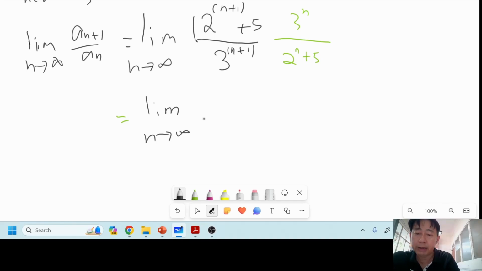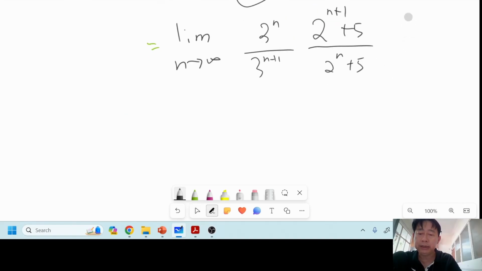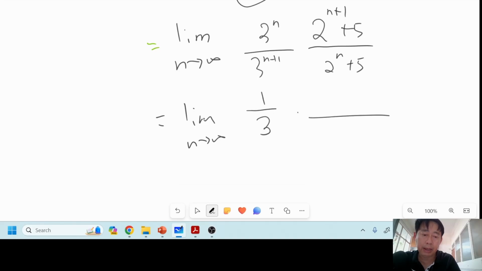In this case, I'm going to group the 3^n terms together. The other term is grouped as (2^(n+1) + 5) over (2^n + 5). The 3^n terms can be easily simplified and will be equal to 1 over 3. I'm going to pull out the factor of 2^n from the numerator of this term.